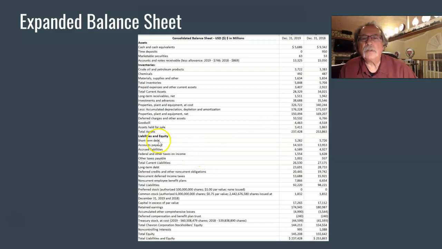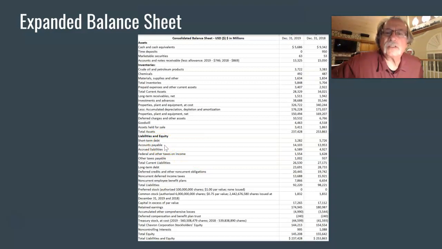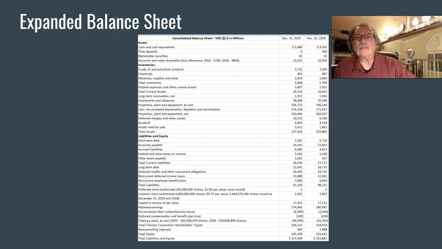Then if we look at the liabilities, we've got the short-term debt. Short-term debt is debt that's due within less than 1 year. Accounts payable. So we've got current liabilities of about $26 billion. Long-term debt of about $24 billion.